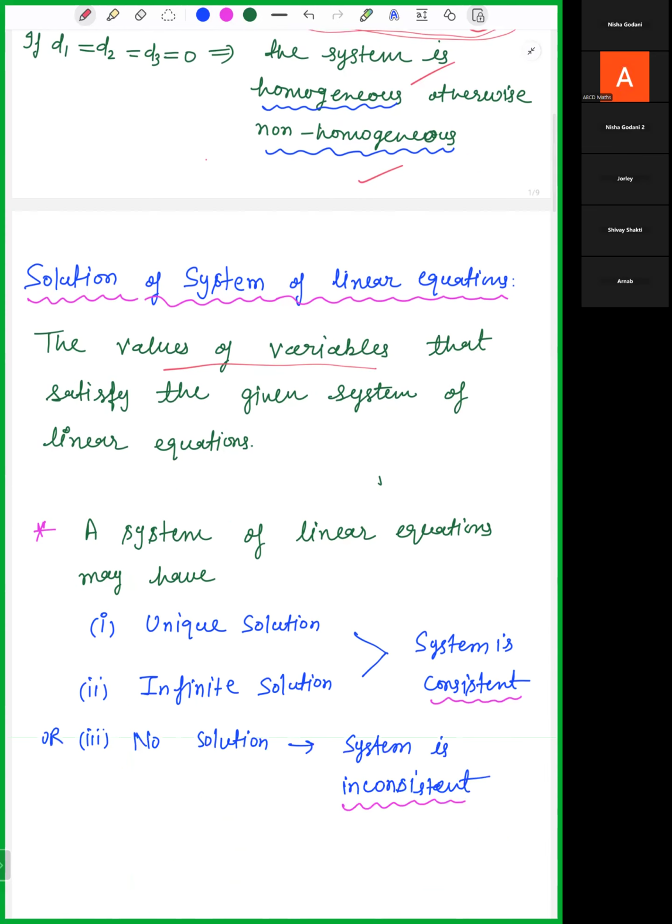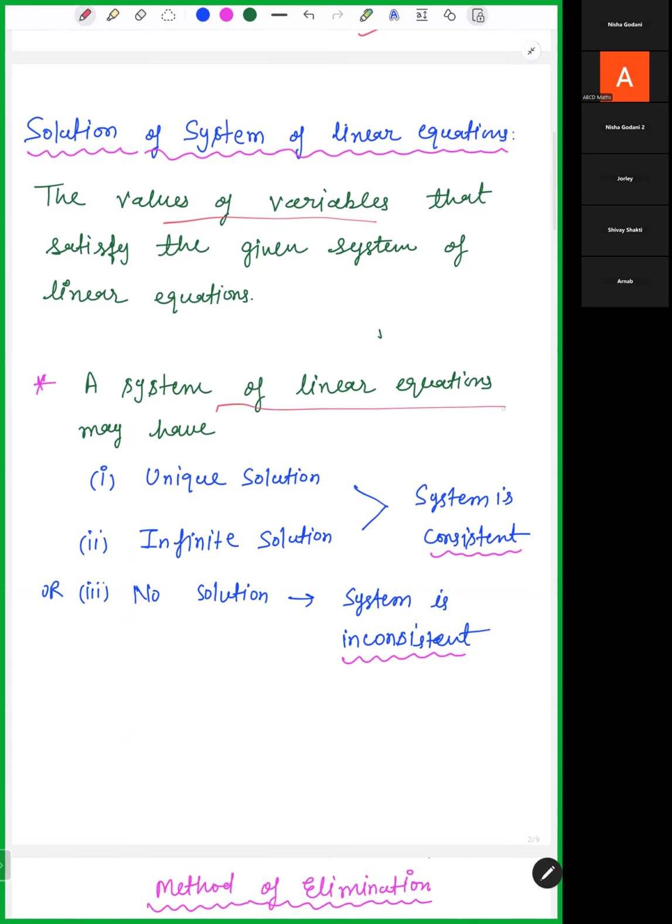So actually a system of linear equations may have unique solution, infinite solution, or no solution. There are three possibilities. Okay. So if the solution exists, whether it is unique or infinite, the system is said to be consistent. Okay. If the solution exists, then it is said to be consistent, and solution exists means it can be unique or infinite.